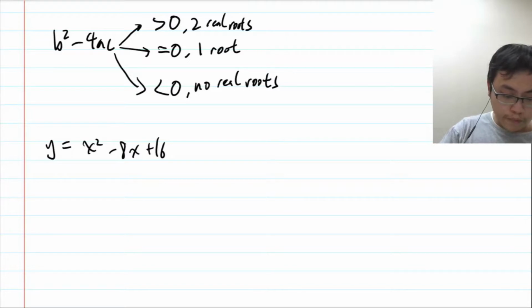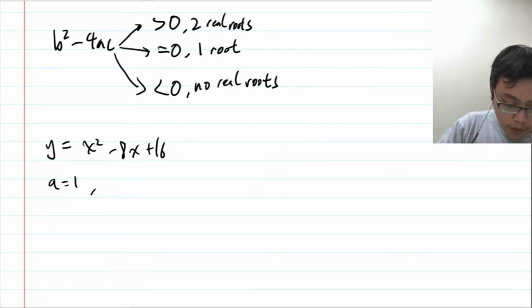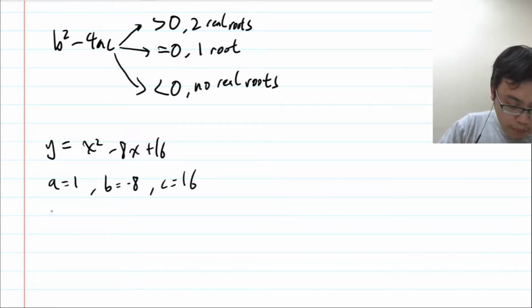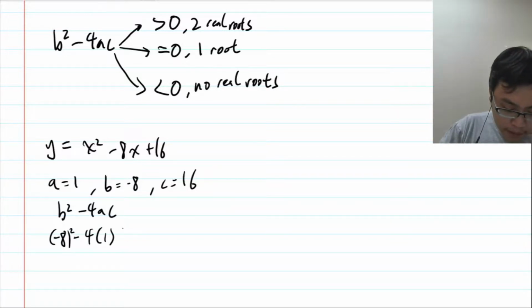We're going to use the discriminant. So a equals 1, b equals -8, and c equals 16. And so b squared minus 4ac, we want to put it into that. We have -8 squared minus 4 times 1 times 16.